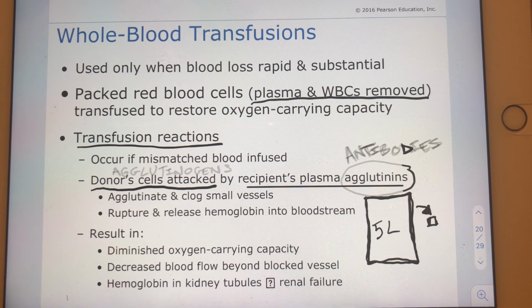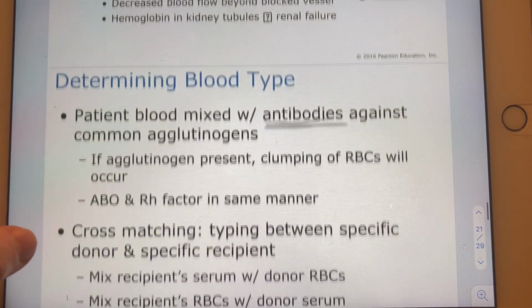So, excuse me. Prior to a transfusion, it's important that we type blood, that we determine the blood type. Specifically, we're concerned again about ABO and RH blood types of both patient and donor.